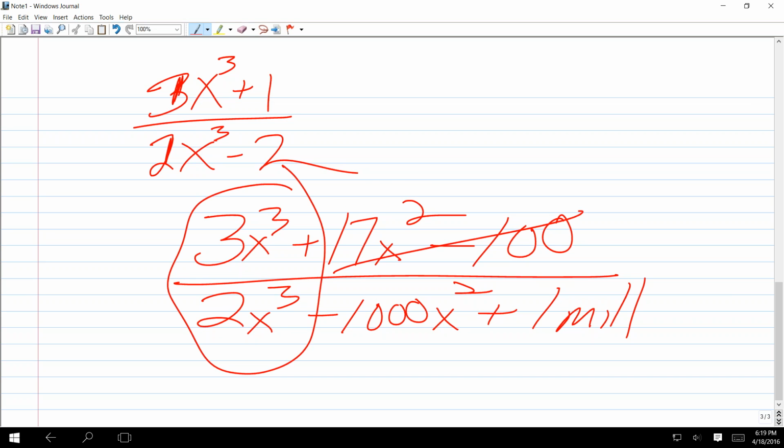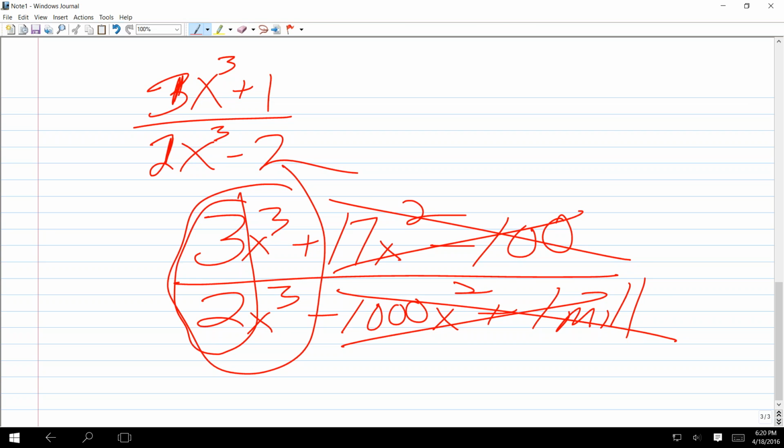You can forget everything else. It's like end behavior. The end behavior is only governed by the highest degree term of that polynomial, which in this case would be the x cubed term, top and bottom, and their ratio is 3/2.